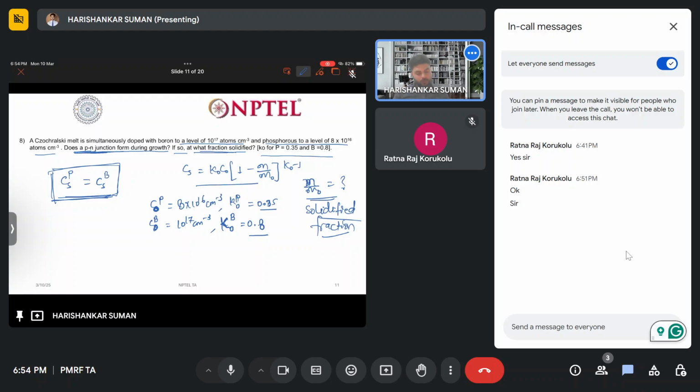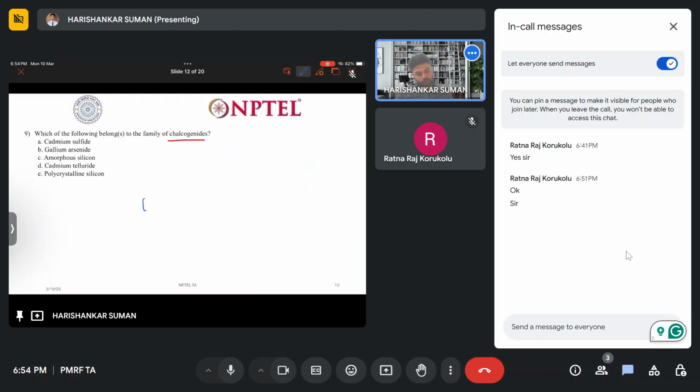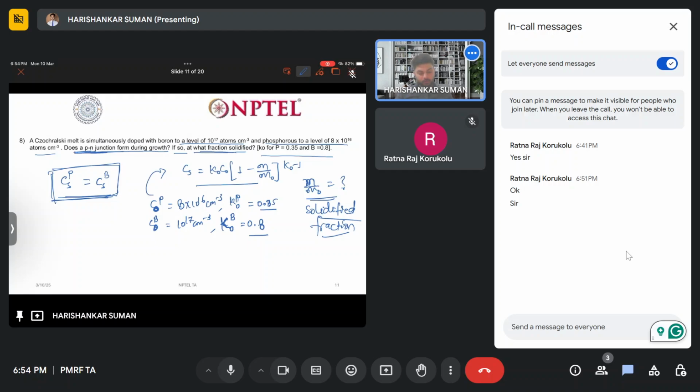Please use these values in this equation and apply this condition. Try to solve. Find the M by M naught. You can take 5 minutes for this question. Let's try to solve.